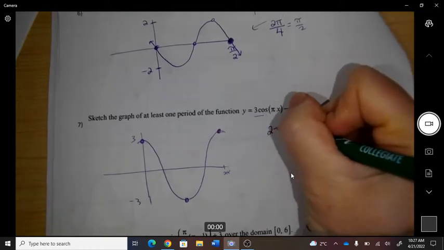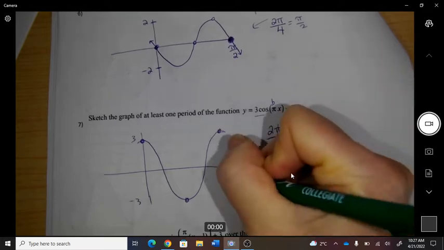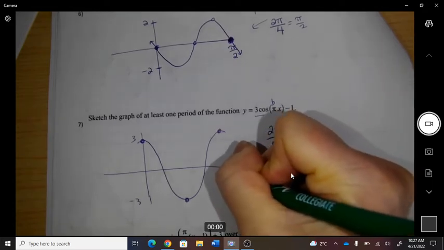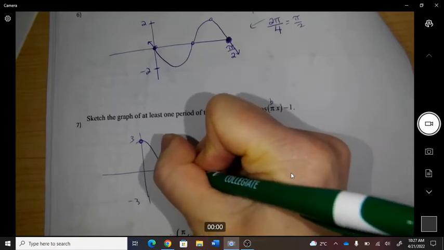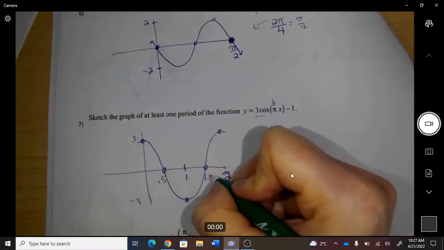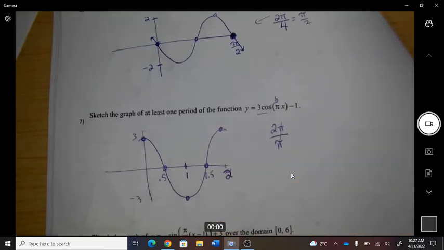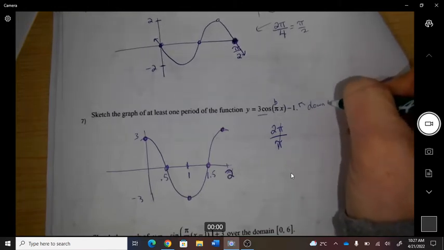So 2 pi would get divided by b. So now this is a 2. So this is now a 1, this is now a half, a 1.5. Okay, now I have a d, so I'm going to go down 1.